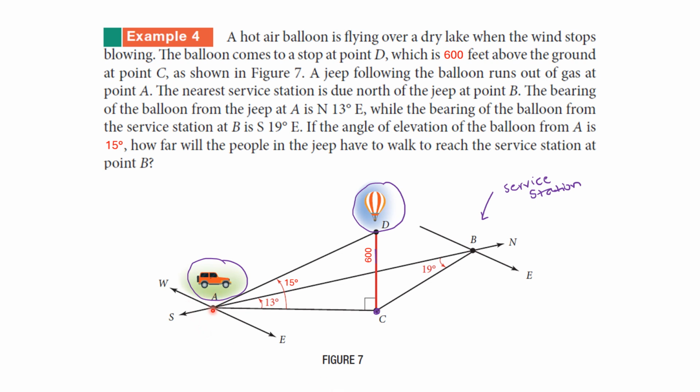So they want to walk this diagonal line right here, the length of AB. That is what we are trying to find, because that's how far they will have to walk.